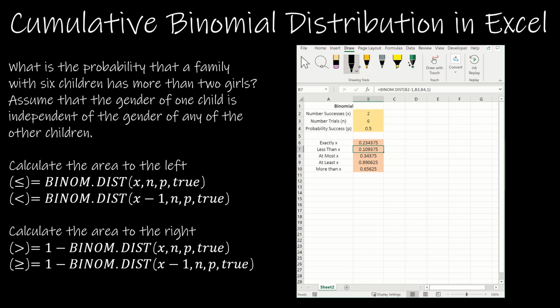this guy is exactly 2. That's not the one that we want, because here we're talking about a cumulative distribution, and so it's exactly 2, and that's not what I need. This one says less than 2, not including 2, so this would be 0 or 1.